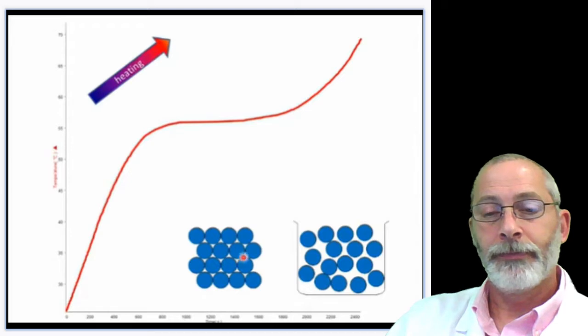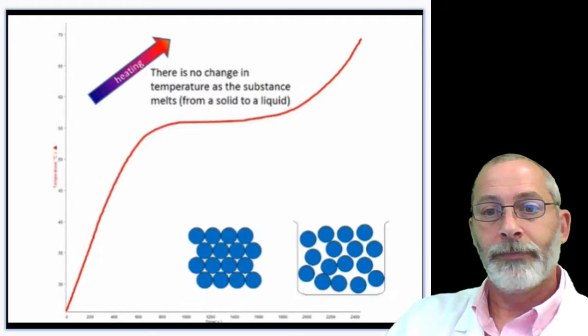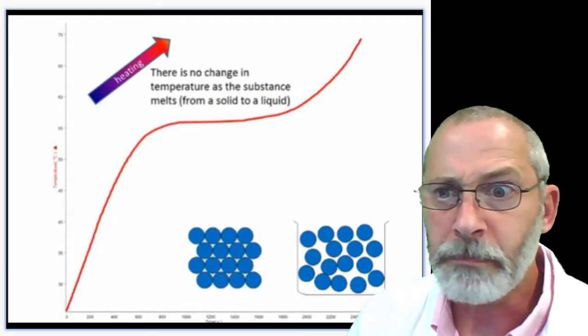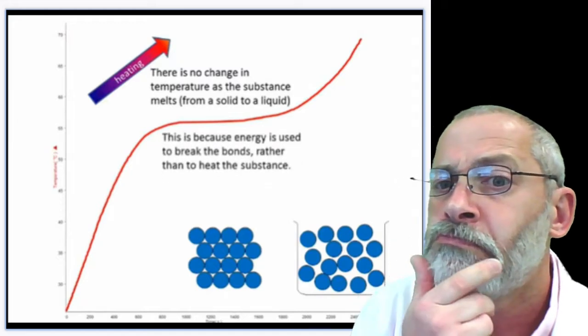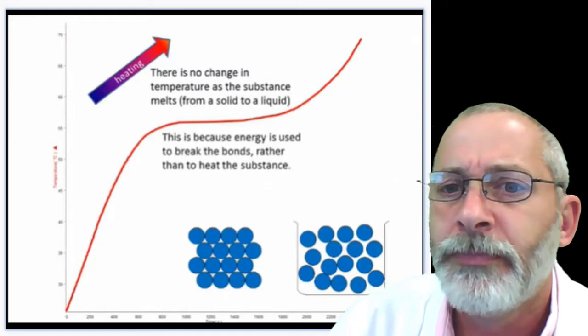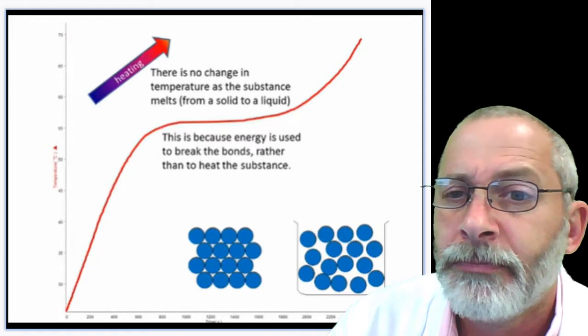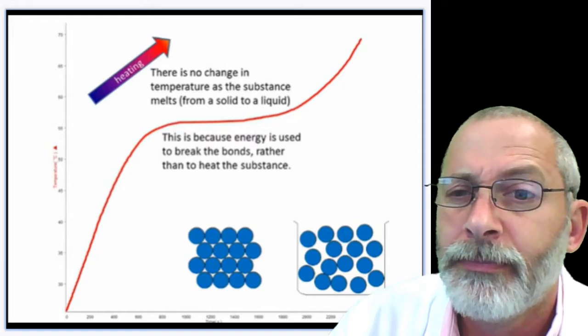From changing state from a solid to a liquid, the atoms get further apart as bonds between the atoms are broken. We notice there's no change in temperature as the substance melts from a solid to a liquid. And this is because the energy that's being supplied is used to break the bonds rather than simply to heat the substance.